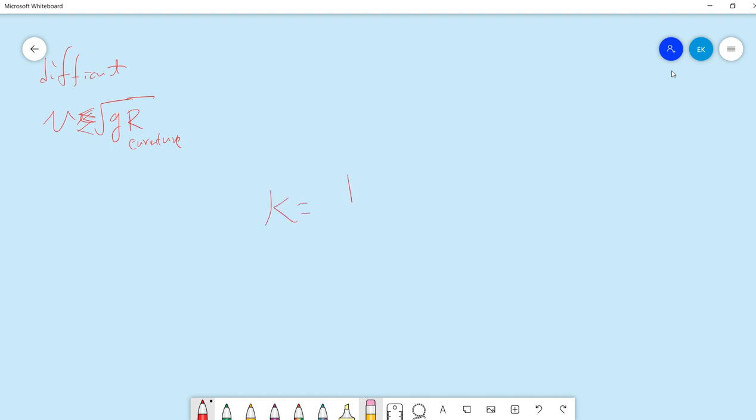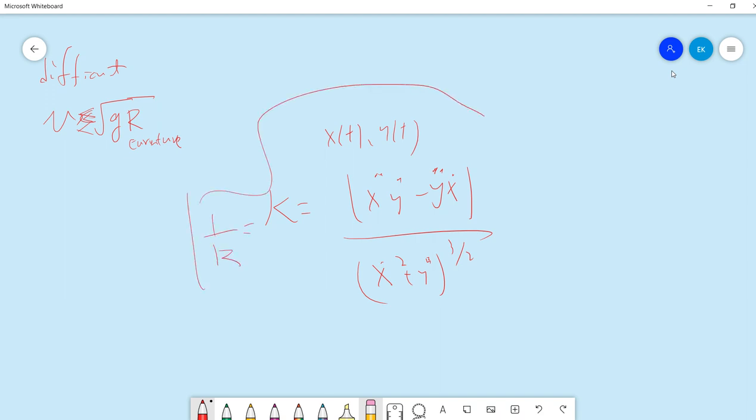Basically it is x double dot y dot minus y double dot x dot, divided by (x dot squared plus y dot squared) to the 3 over 2. Okay, basically if you have x of t, y of t, this is 1 over r. So basically you can plug in x is t and y is d times cosine kt.